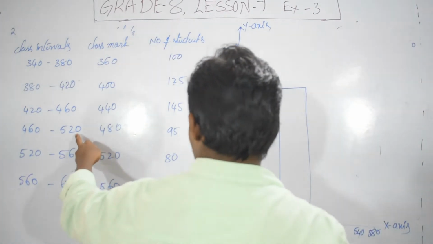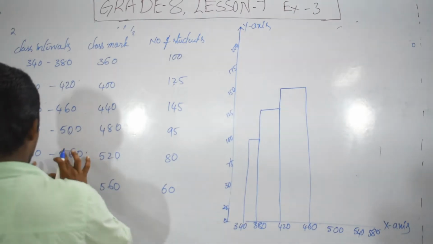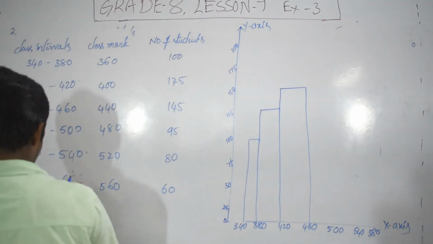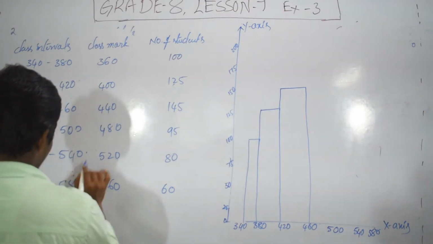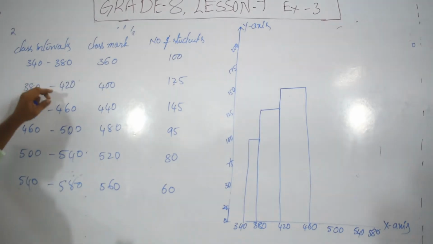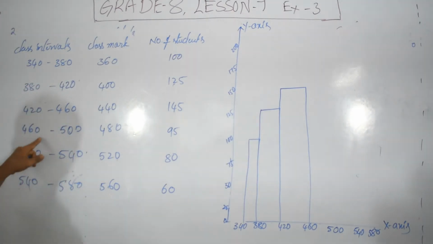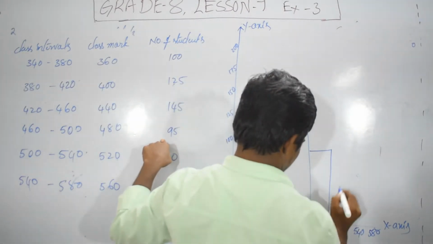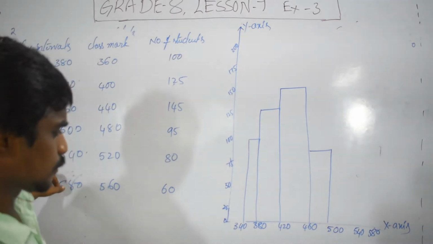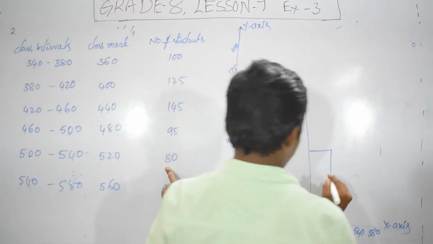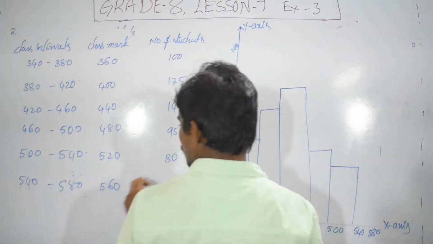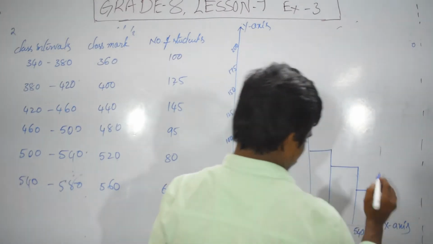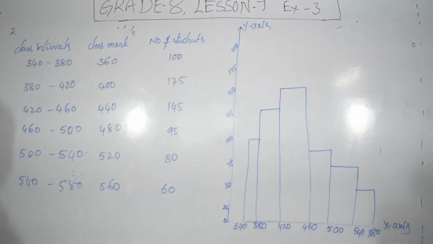Yes, see, 460 to 500 here, 95. 540 to 580. Why? Here the class mark difference is 40. Next 500 to 540, 80. 540 to 580. So this is the graph.